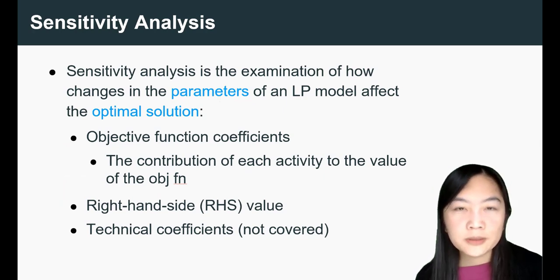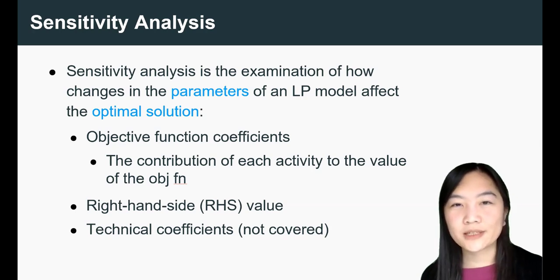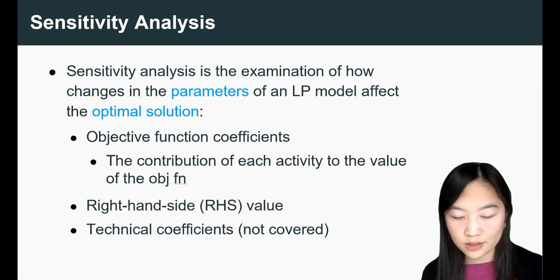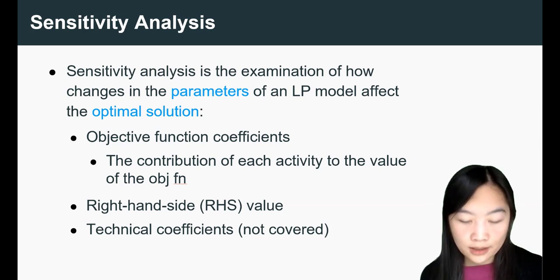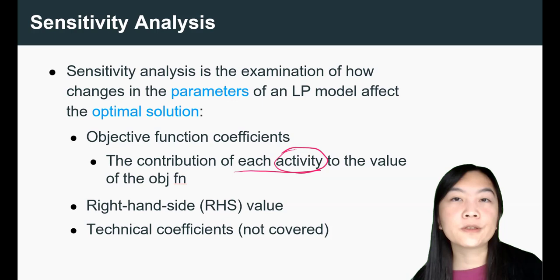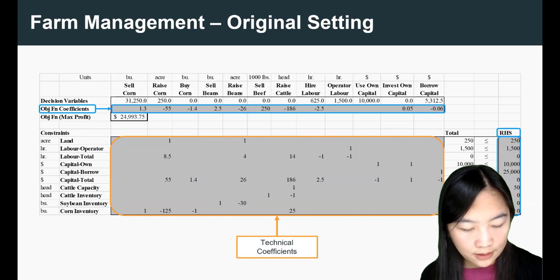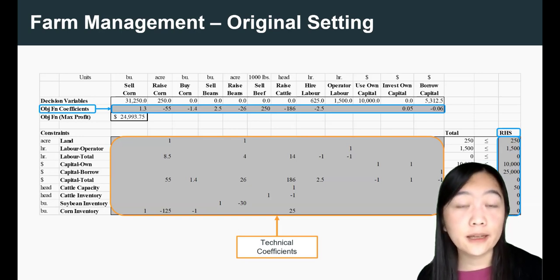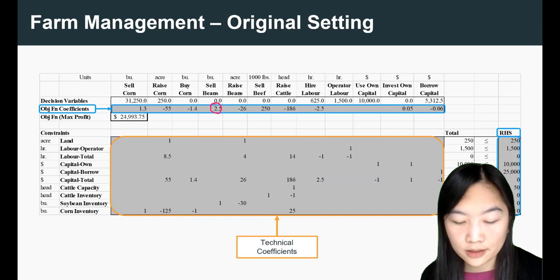A little bit more detail: what do I mean by objective function coefficients? We have already used these words many times in this course, but maybe some of you are still confused about them. It is the contribution of each activity or each decision variable to the value of the objective function. For example, in this linear programming problem, if we sell soybeans, the coefficient is 2.5.